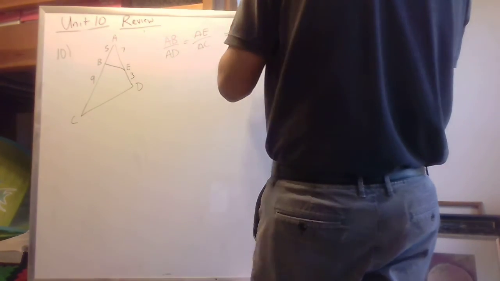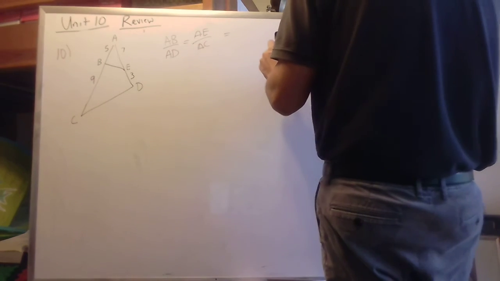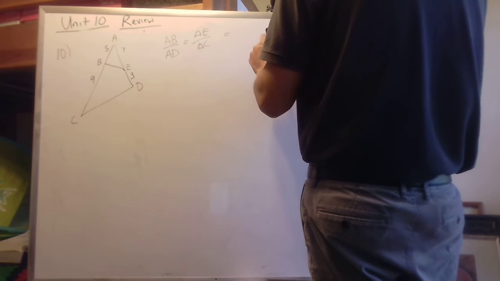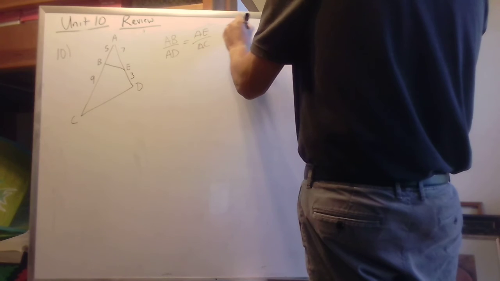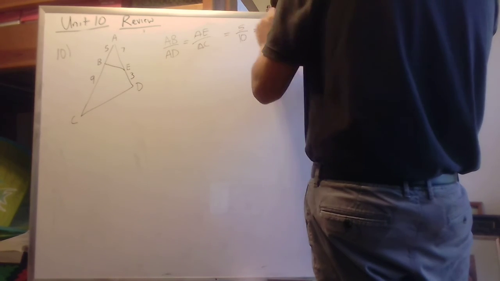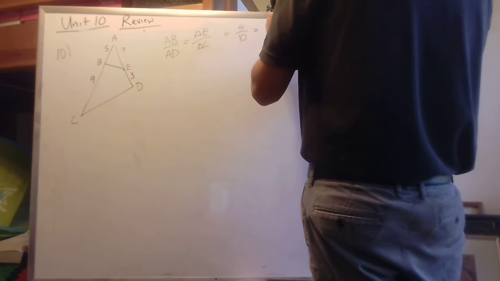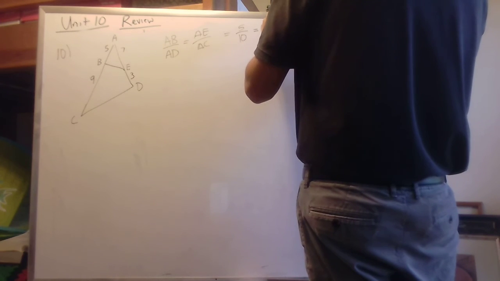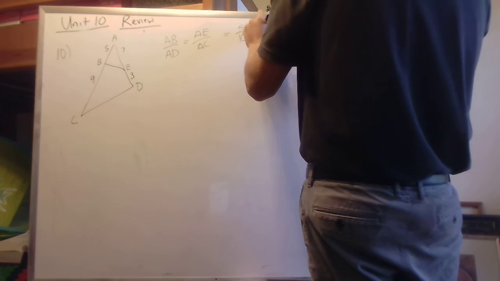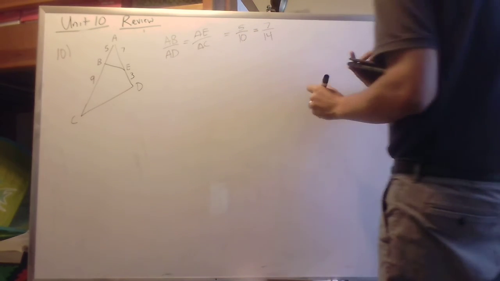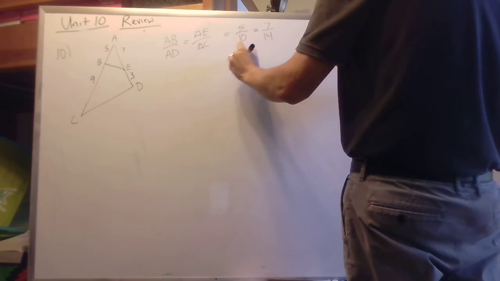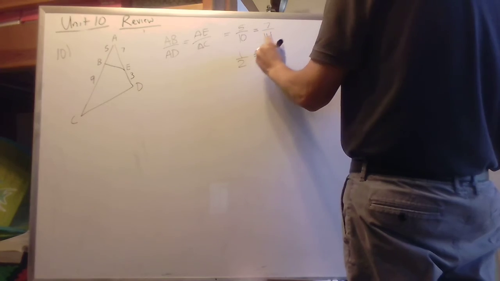So I want to see if the proportions are equal. So AB over AD would be 5 over 10. Does that proportion equal AE over AC, which is 7 over 14? So if we look at 5 over 10, it is 1/2, and that does equal 1/2.